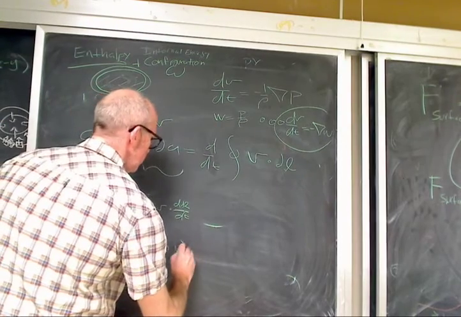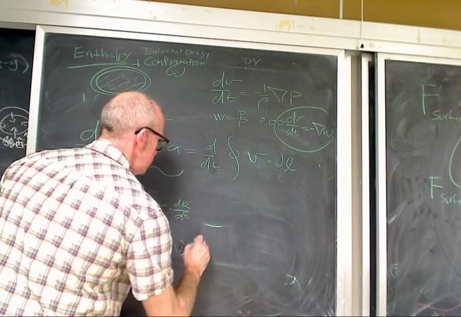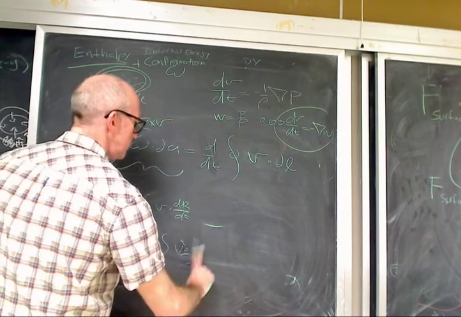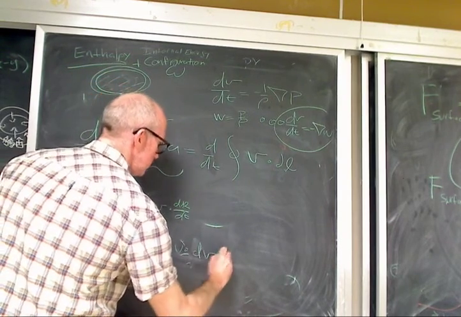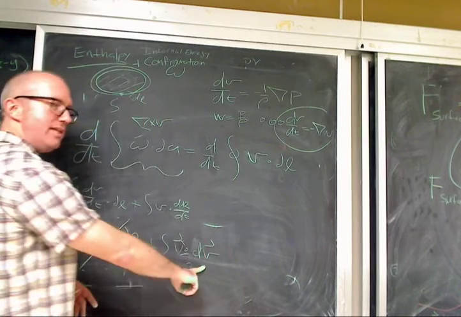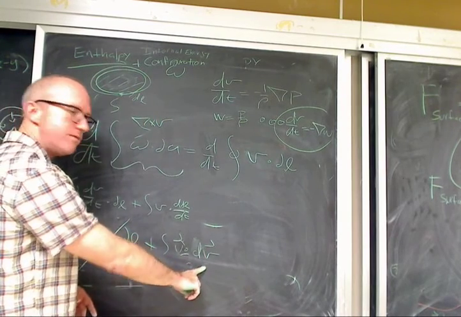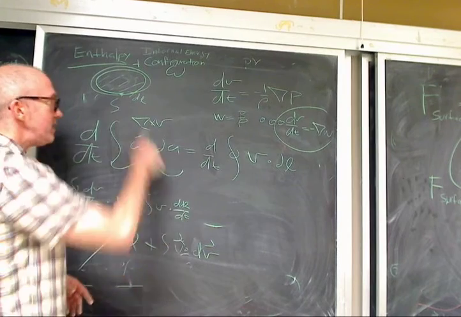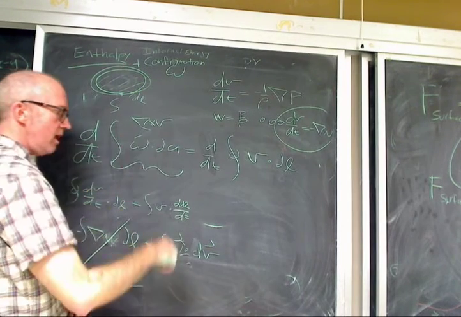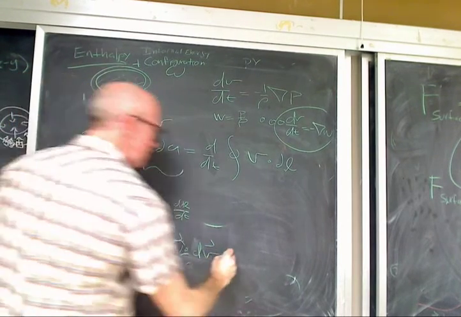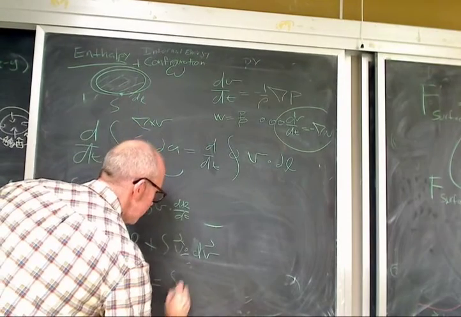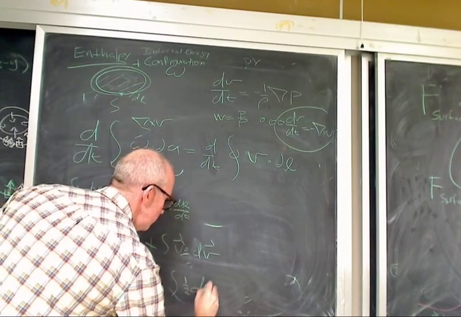Plus the integral of v dot d, what's dl dt? That's just a velocity again. I've got the time rate of change of my element here. That's just the velocity. V dot dv equals just 1/2 d of v squared.